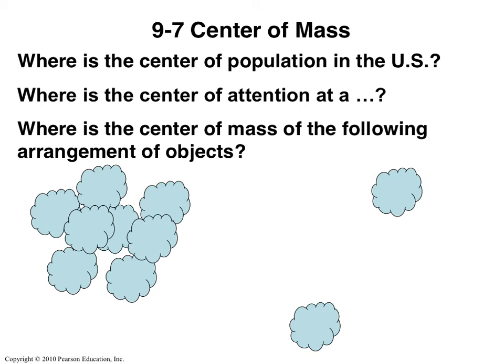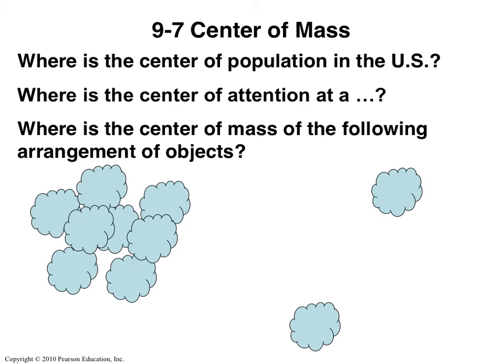Anyway, what I want to talk about is something called center of mass. Now, I think a lot of you understand the concept of center of population, right? If you go to, for example, the state of Alaska, where do you think the center of the population is? It's probably near Anchorage because most of the people in Alaska live in that city, right? Only the nuts live out in the wilderness.